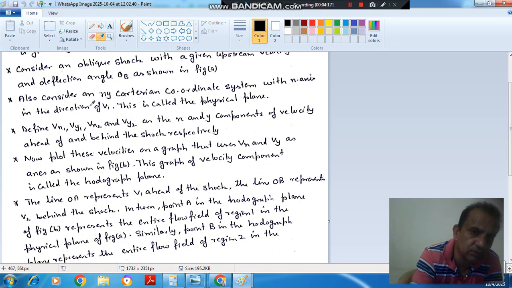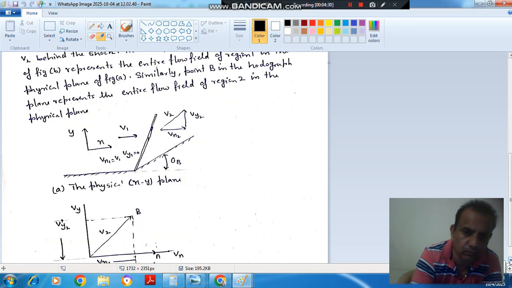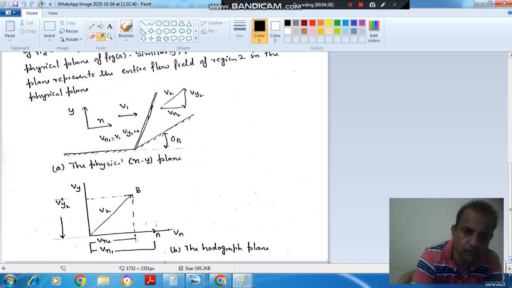Next, also consider an xy Cartesian coordinate system with x-axis in the direction of v1. This is called the physical plane.